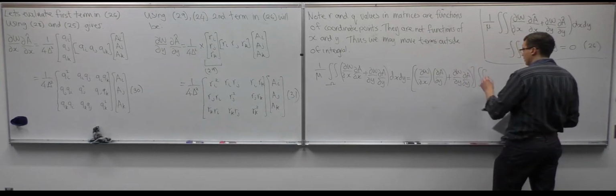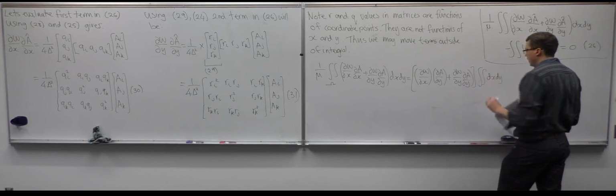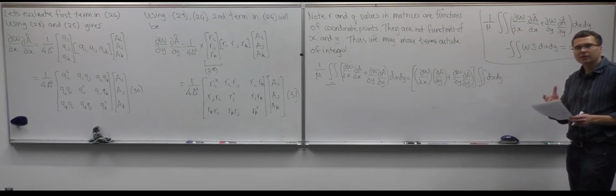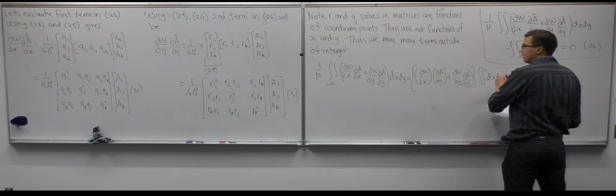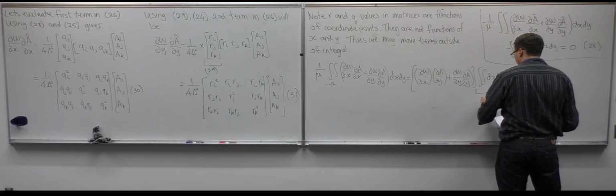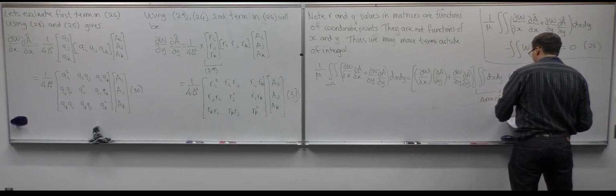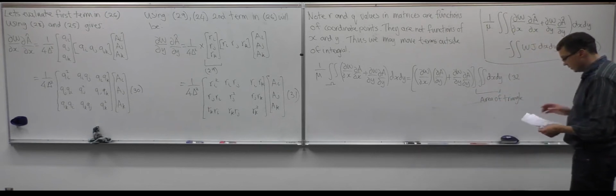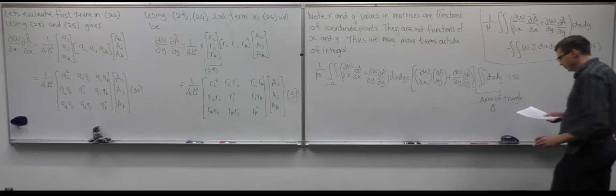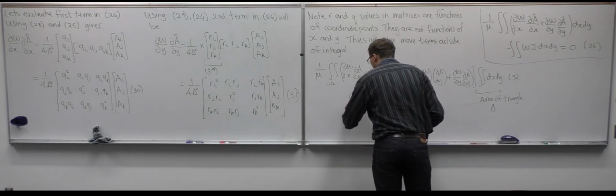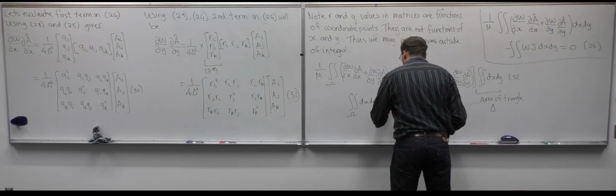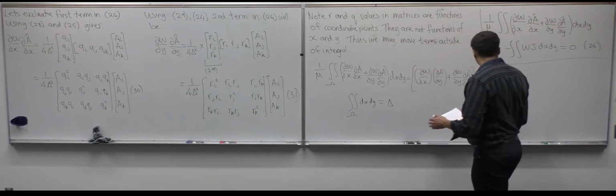So what's left is 1. And if we evaluate this integral over that one triangle, we get the area of a triangle. So this is 32. So this becomes area of triangle. Right? So that's nice. So that's just equal to delta in this example, and I'll call that 33.